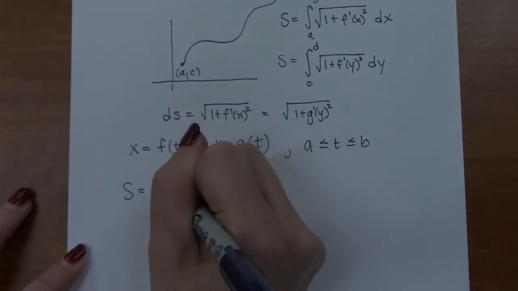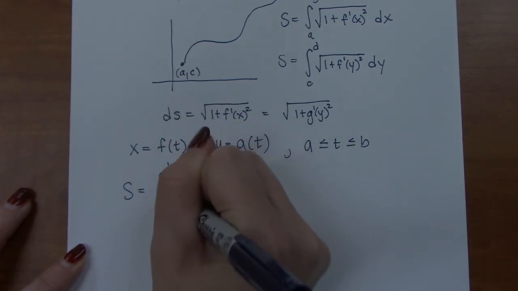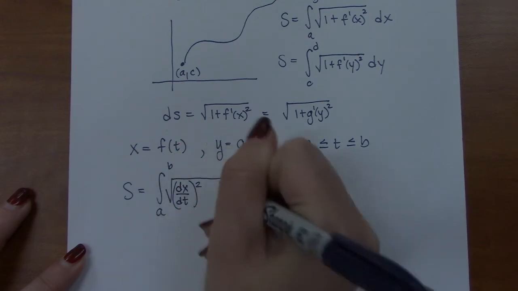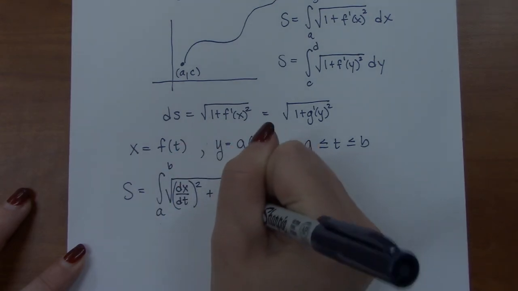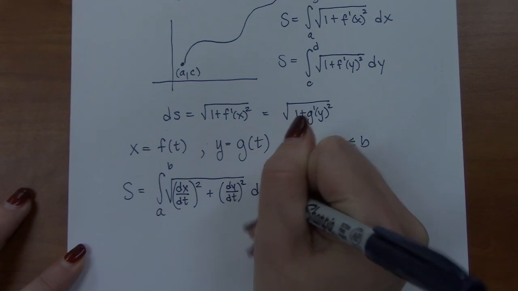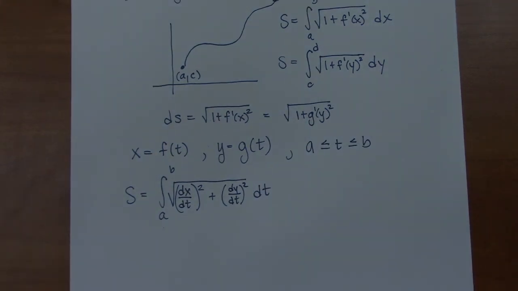And in this case, you would say dx/dt squared plus dy/dt squared, and you would only integrate with respect to t. So you still do the same thing. You take the derivative of each function, square it, and then what you'll see in the proof is that all three of these radicals just come from the Pythagorean theorem. And basically the Pythagorean theorem is just taking the length of the hypotenuse.